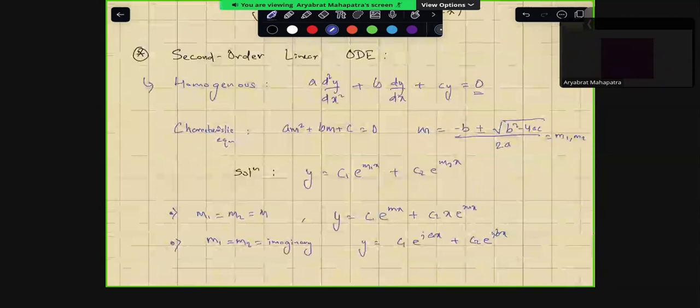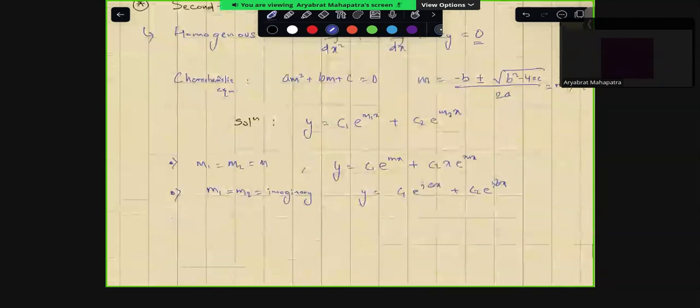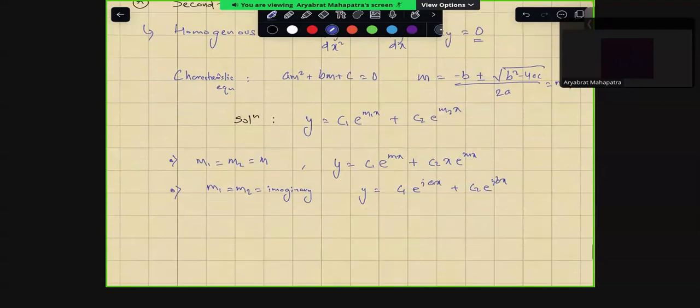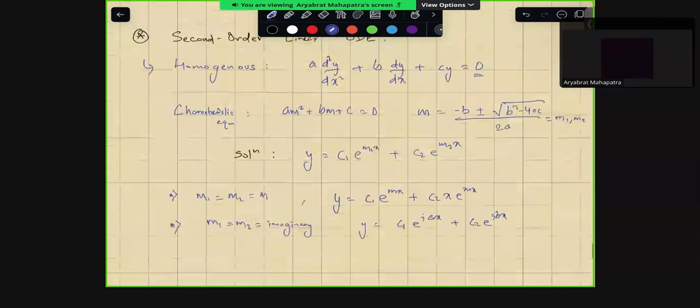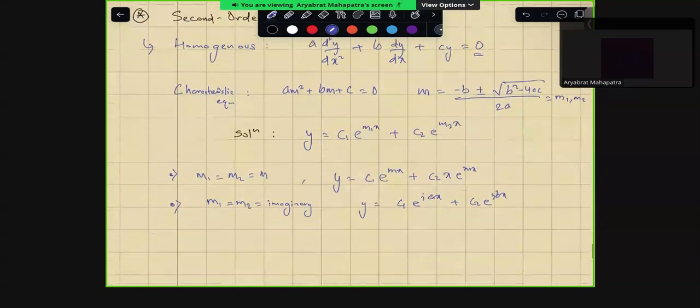Then we saw second order linear ordinary differential equations, and in it we first studied the homogeneous case where the RHS is zero, and we've seen some of the cases where these homogeneous equations were studied.